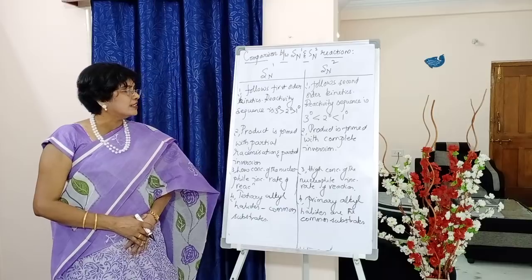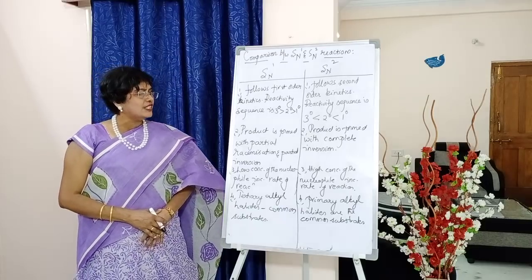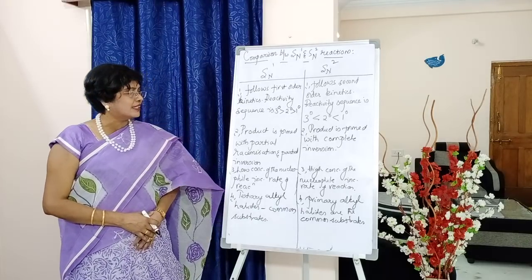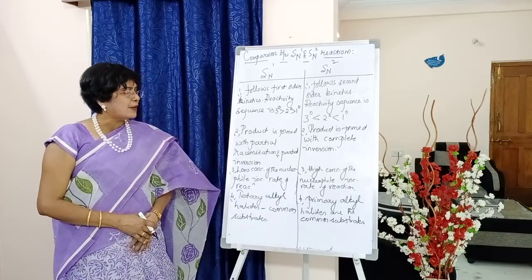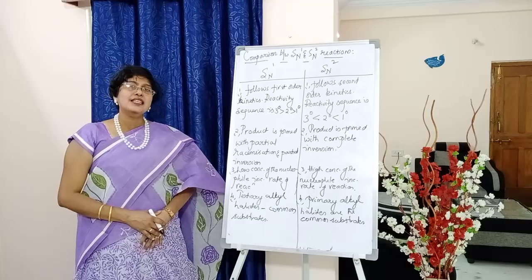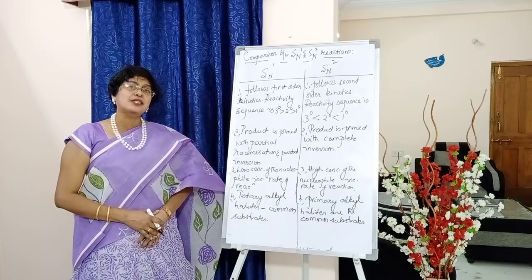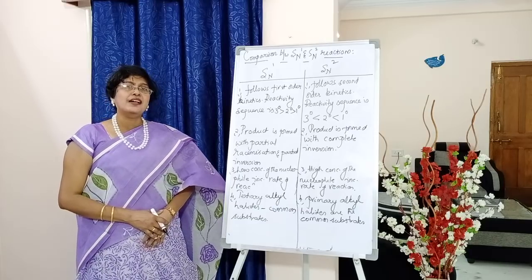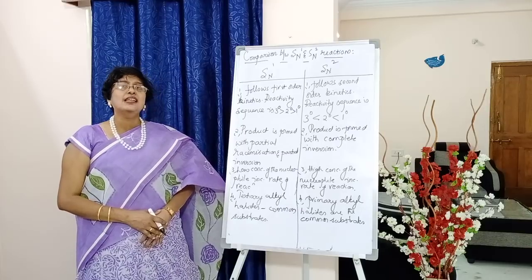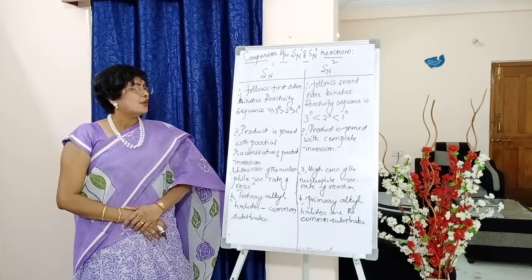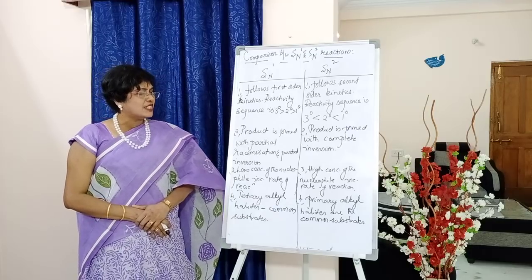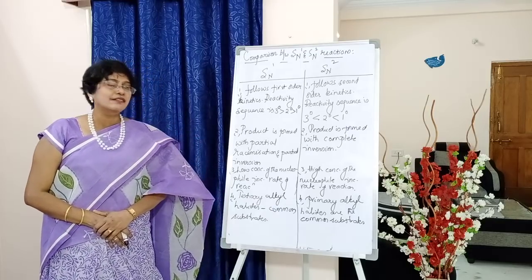Okay, second point. The product in SN1 reactions is formed with partial racemization and partial inversion. You might have learned this in the chapter stereochemistry of your general chemistry. Kindly go back and check for the information.